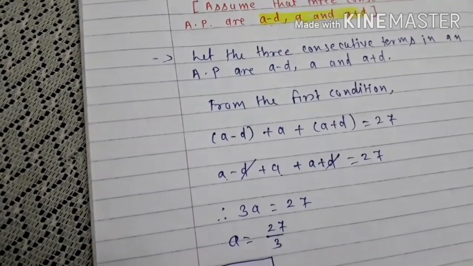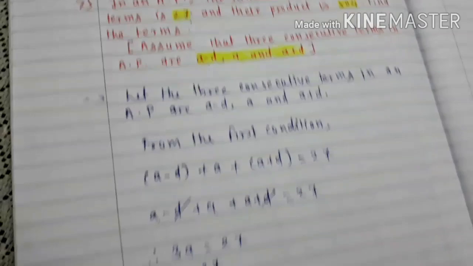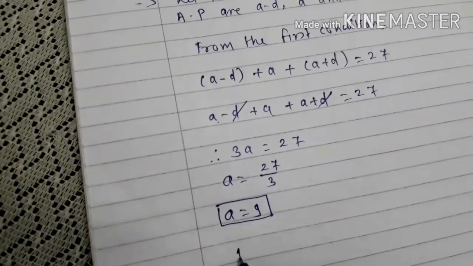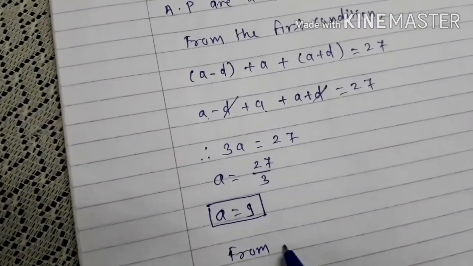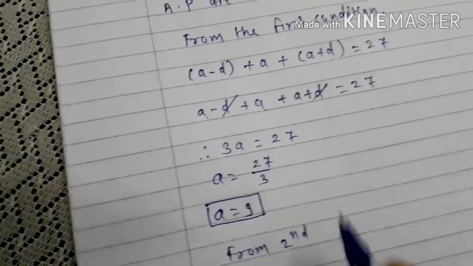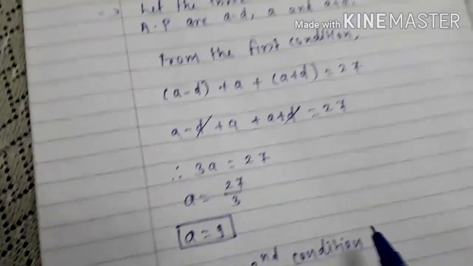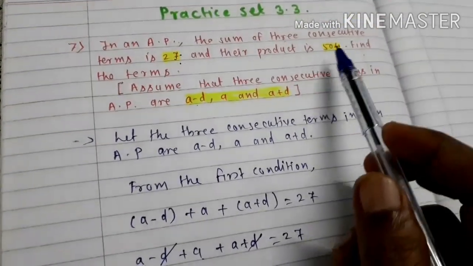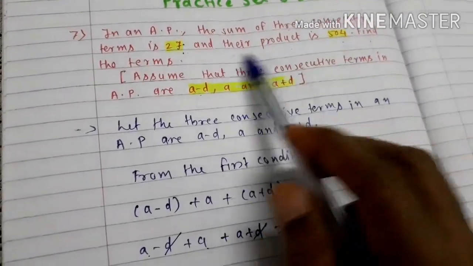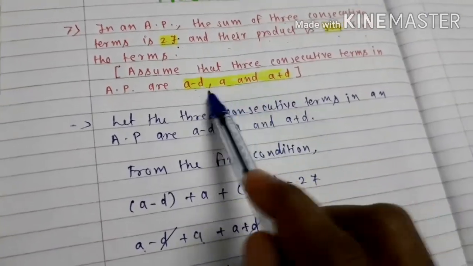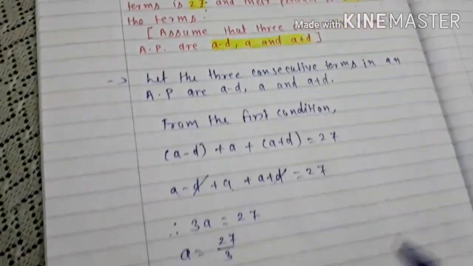A is equal to 9, and the second condition is their product. So from the second condition, the product is 504. Their product means the product of 3 consecutive terms is 504.